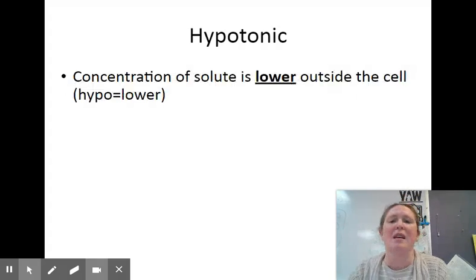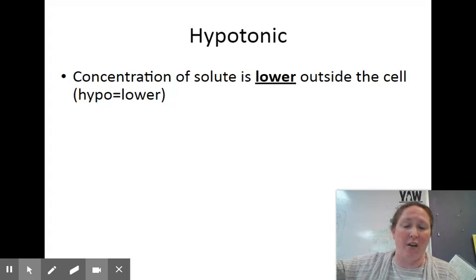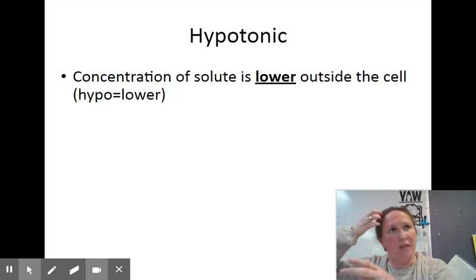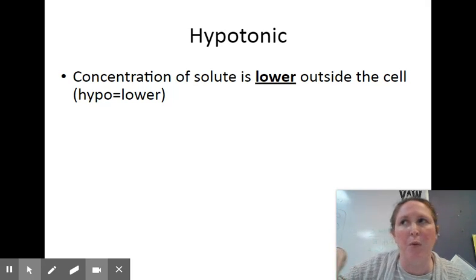Hypotonic. So hypotonic is the opposite. It's when you have more water outside the cell. The concentration of water is higher outside the cell. And so the solute, let's say it's 100% pure water.